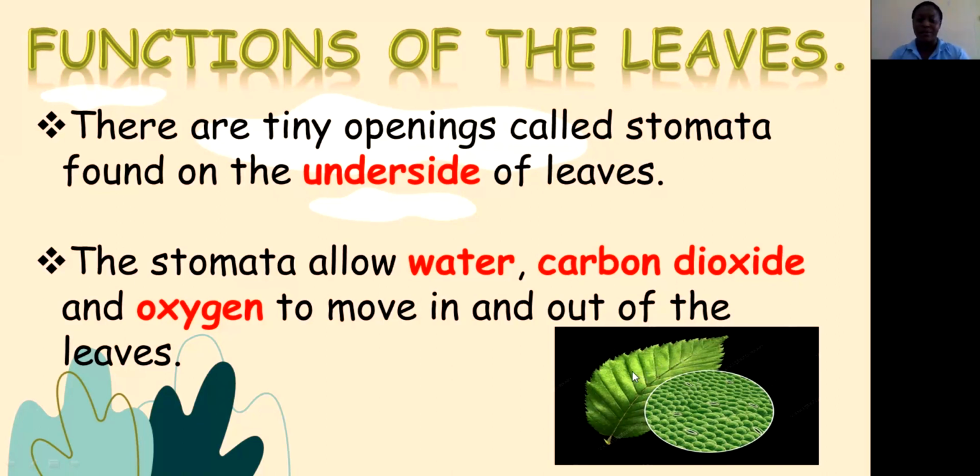You must use something like a magnifying glass that makes tiny things appear large or makes them bigger. So you cannot see stomata with your naked eye, but they are on the underside of the leaves.